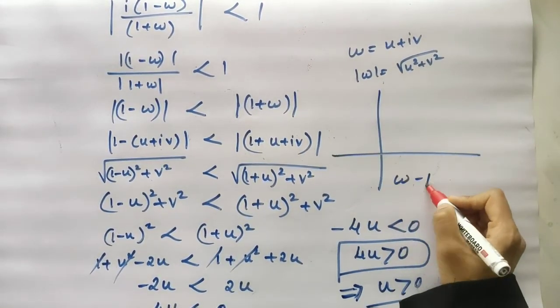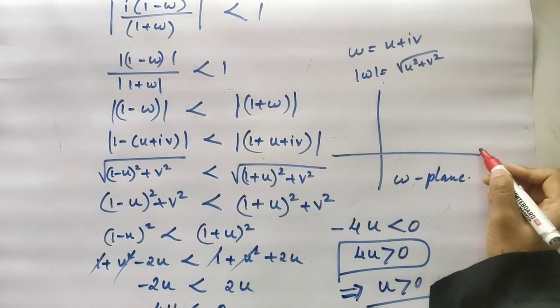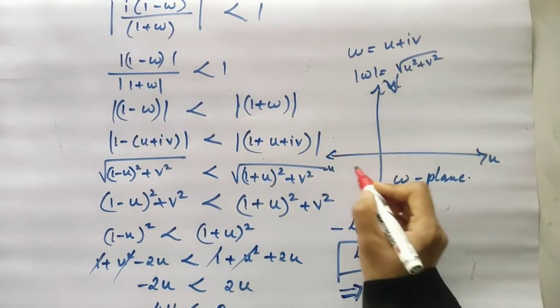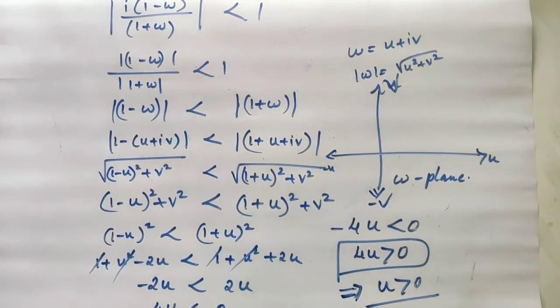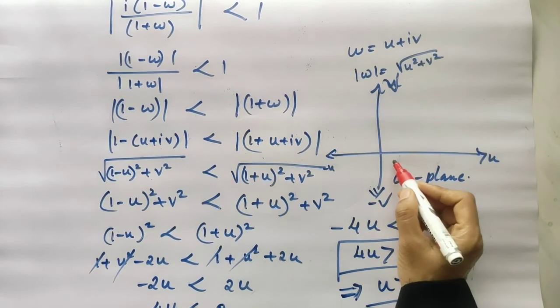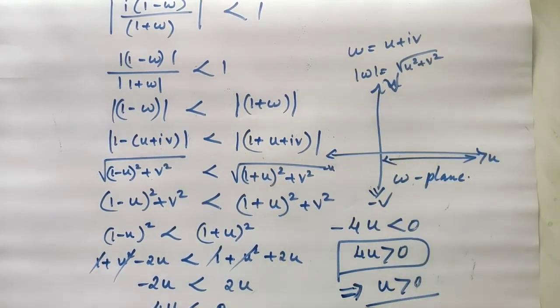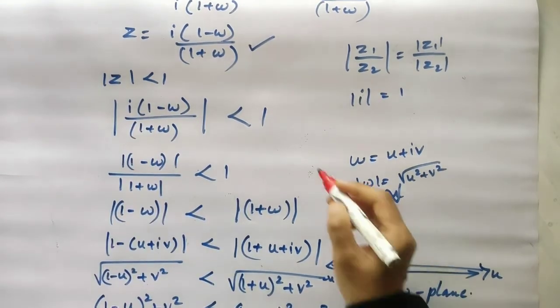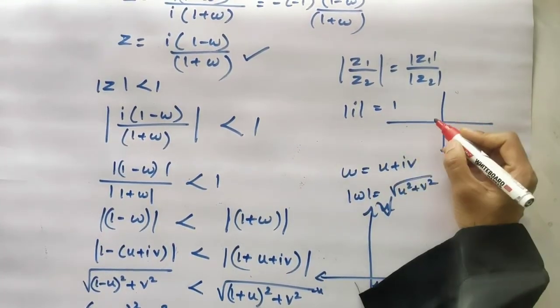This is my w plane, right? So u axis, v axis, this is minus u, this is minus v. U is greater than 0 means u is only greater than 0 over here. So mod z less than 1 is here actually, I'll show you.